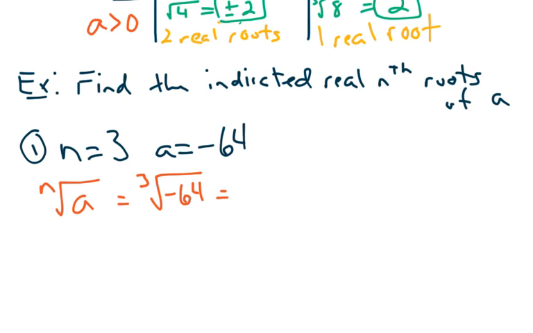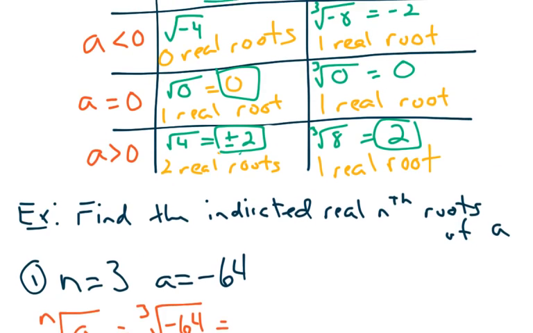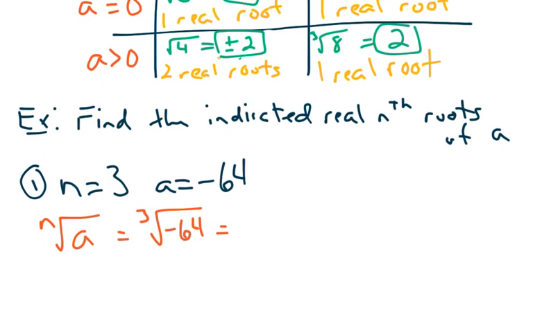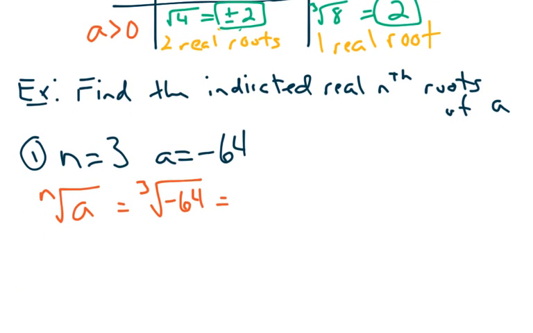If you think about this, there's only one number. Since it's odd and negative, we're in this box right here, odd and negative. There's only one number that if you multiply that number by itself 3 times, you get negative 64. And that answer is negative 4. So negative 4 is your answer for number 1.